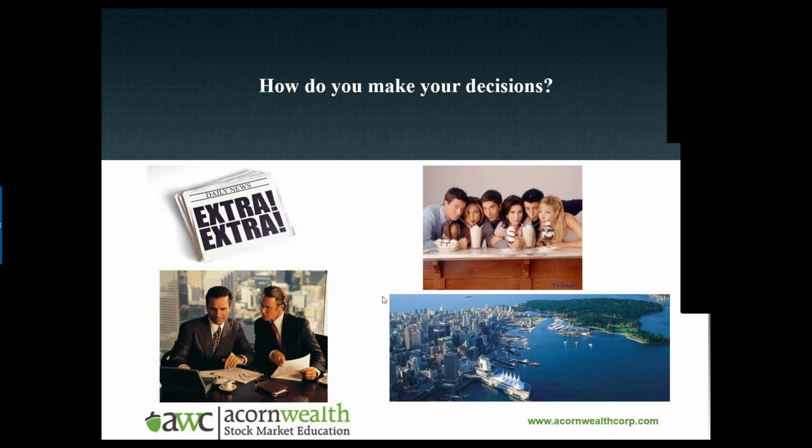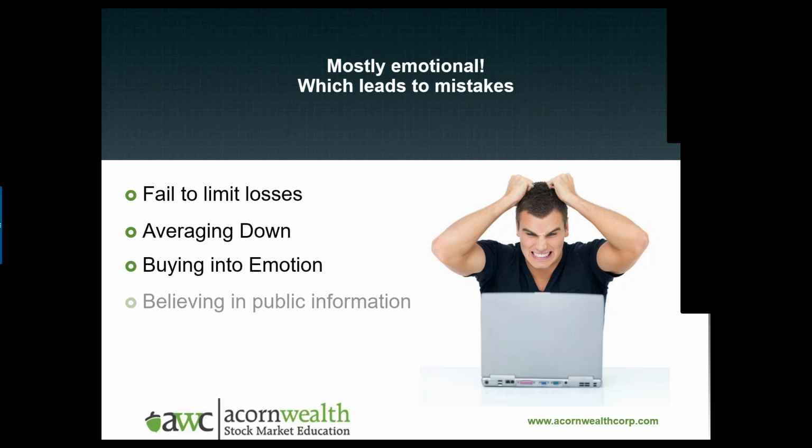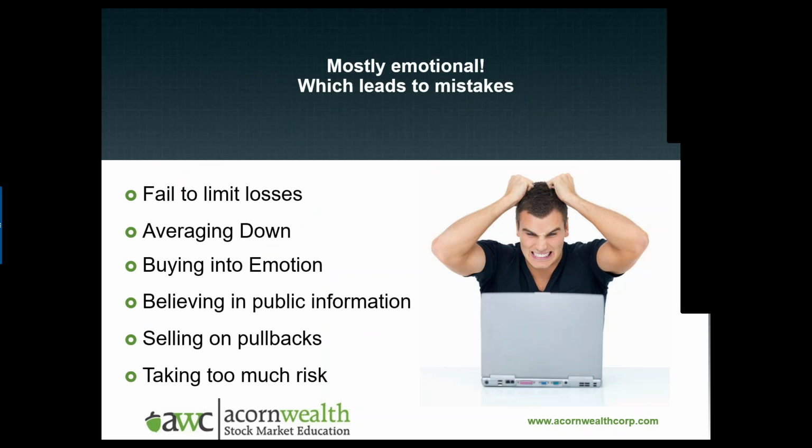Most people make their decisions using news, tips from friends, things like that, that don't go through a quantifiable process. And that's what we're going to try and achieve today, is trying to build out the DNA of a decision-making process, so that ideally every decision we make as a trader follows the same recipe or the same types of analysis. So without that, we're only making emotional decisions. That's what usually leads to most mistakes and, of course, losses.